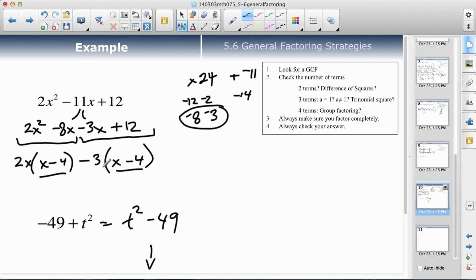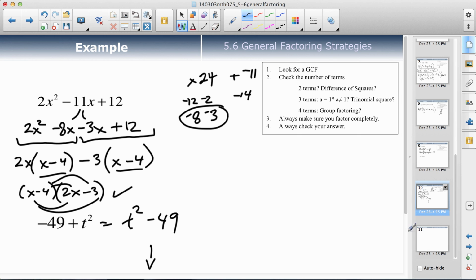They're common to both terms, so I'll factor it out front. And if it's out of here, I'll be left with a 2x minus 3. Again, great idea to take this and check to see if you come up with that original answer. I think you do in this one, so that would be the correct answer.